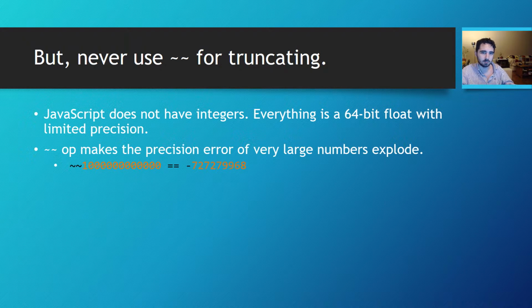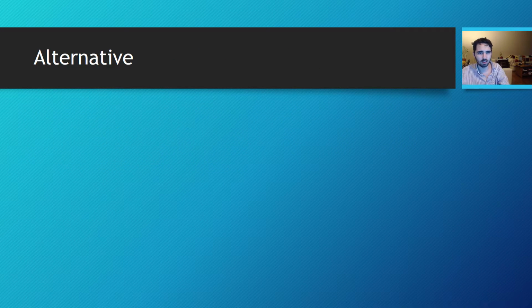I had this block of code where I had a number that was guaranteed to be positive, and I assumed that the double tilde would return me a positive integer, and the number was very large, and it turned out that it actually flipped it to a negative integer, and it would cause an infinite loop, and the browser was hanging because of this. So I hope I've convinced you to stay away from the double tilde operator.